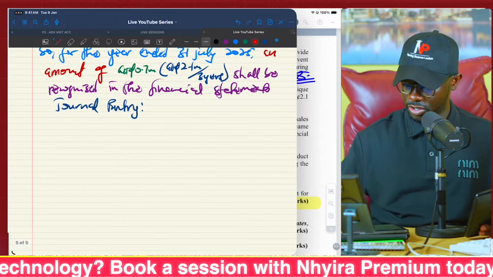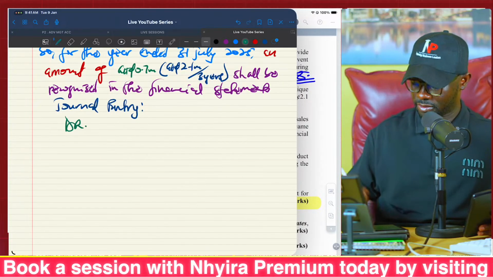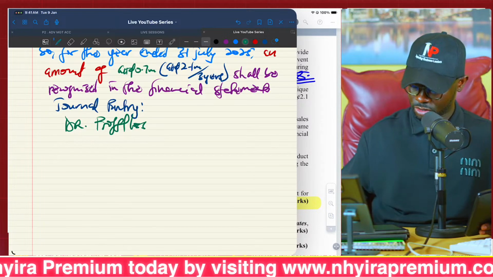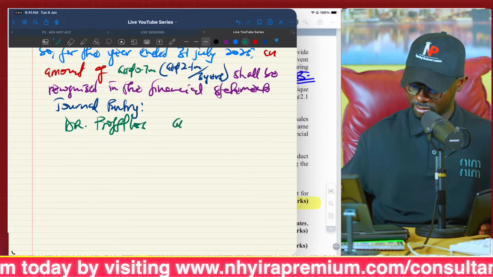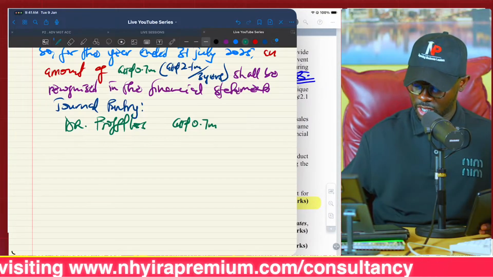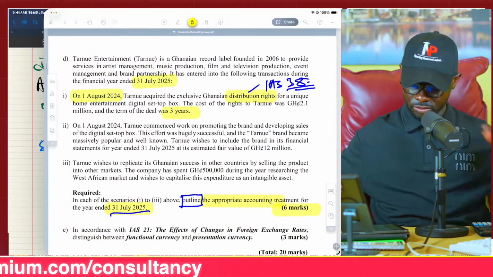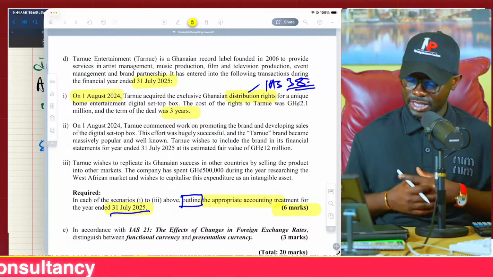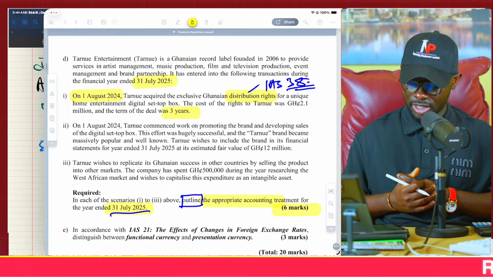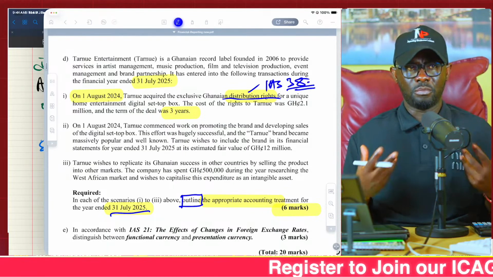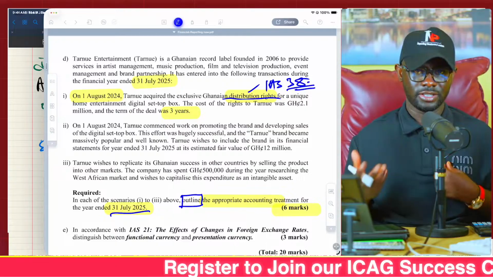The journal entry will be to debit the profit or loss with the 0.7 million. Now, where exactly in profit or loss should this go? It's an entertainment company, and so this right of distribution will be part of their core things they do.